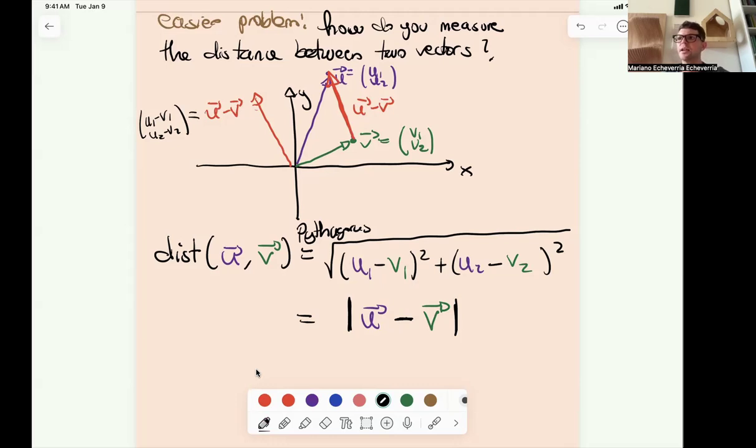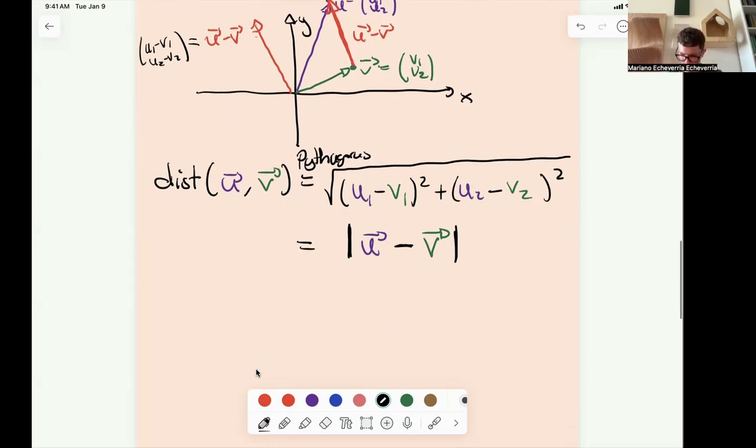The idea is that you want to say the distance between two functions would be defined by first defining the magnitude of a function, the length of a function, and then taking the distance between two functions to be the magnitude of the difference of the functions. So the goal is to define a magnitude. This is usually called a norm, by the way.